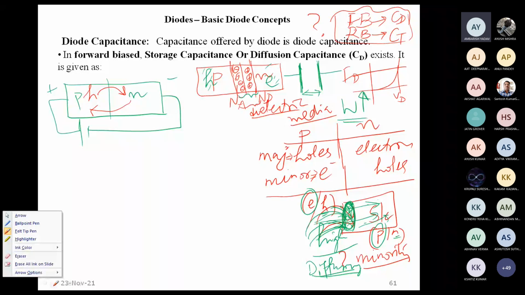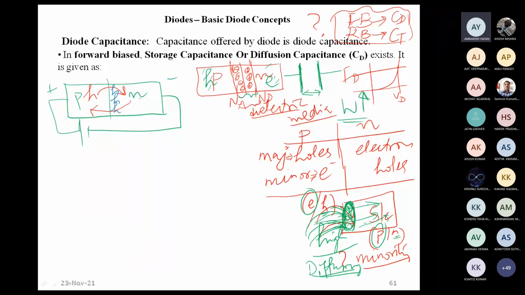When the holes are injected, we see holes on the n side, because they have become minority charge carriers after the injection, and they happen to accumulate there on the n side. Similarly, electrons from the n side which are injected in the p side accumulate here, because diffusion is a slow process.